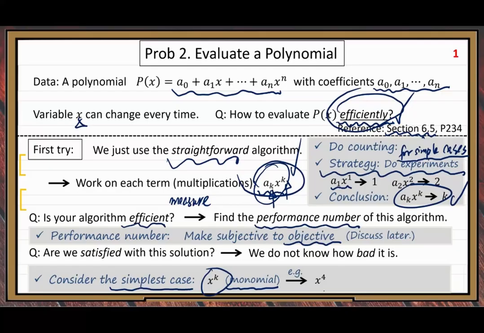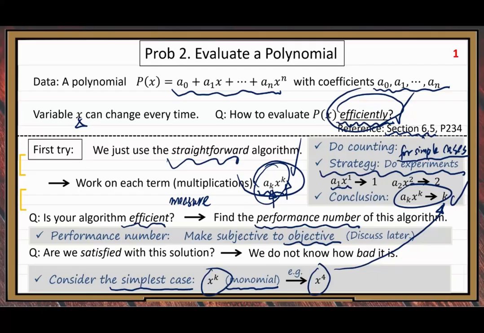If we use our current method, how many multiplications do we need? You can see in this monomial, there is no a_k part, right? The coefficient a_k becomes 1.